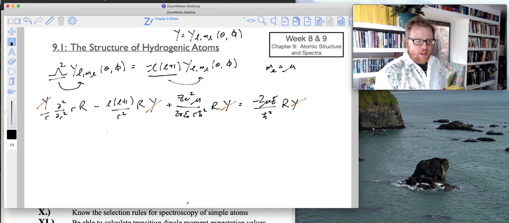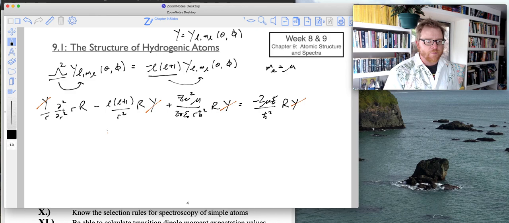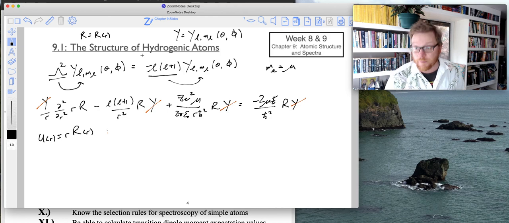So there's a little trick that standard quantum mechanics books do, and that is they make a new function u of r equal to r times R of r. And so I'll just remind you my nomenclature up here, right? Where I've written capital R, that's really my radial component of the wave function, okay?